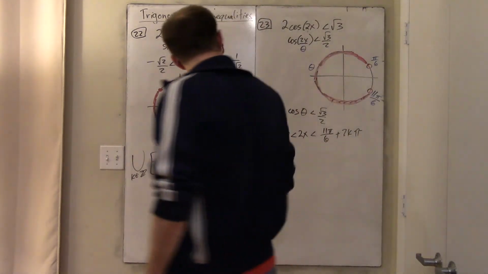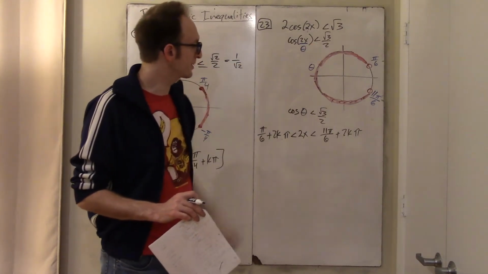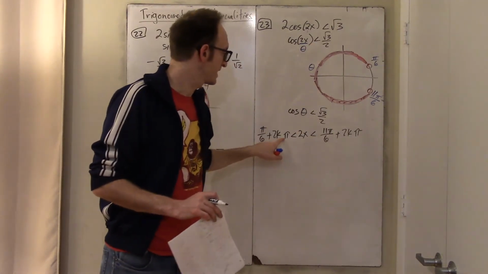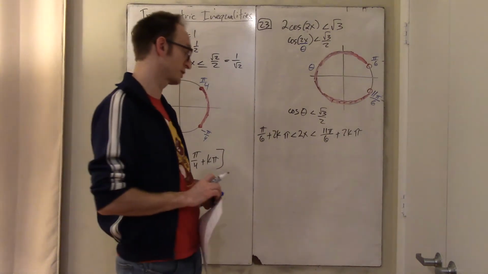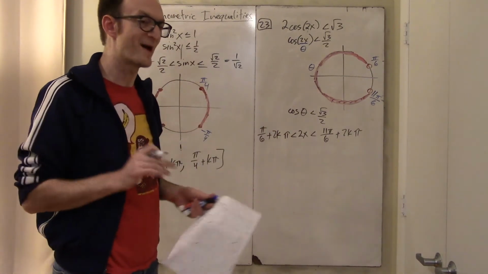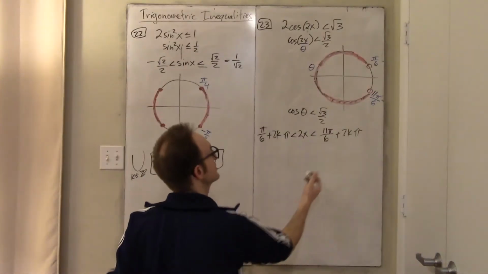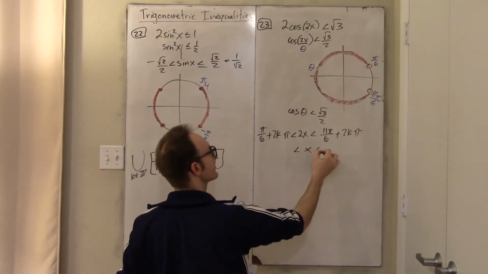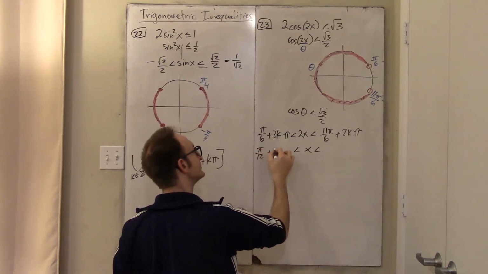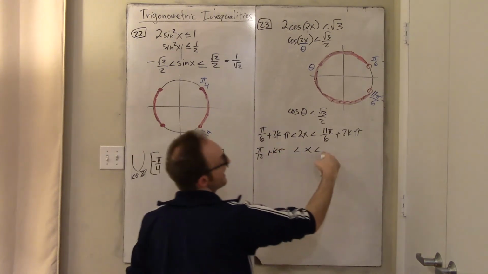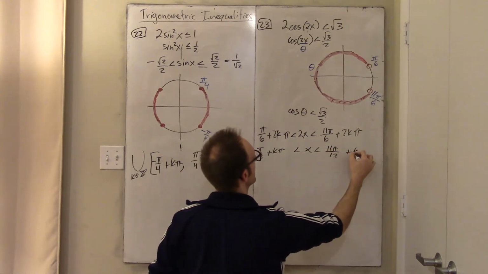And so, since cosine is less than root 3 over 2 between these two numbers, my goal is to find out for what values of x this is true. So I just take my final step, which is to divide by 2. But having taken the care to write it out generally like this, everything works out, because now my answer is that it's when x is between pi over 12 plus k pi and 11 pi over 12 plus k pi.